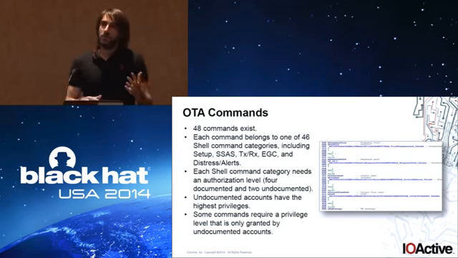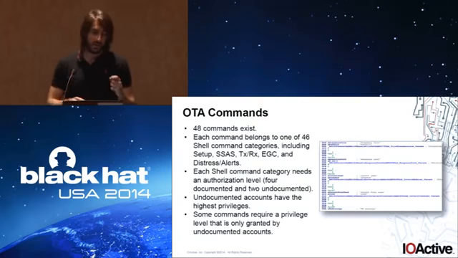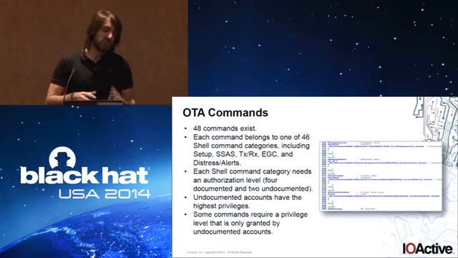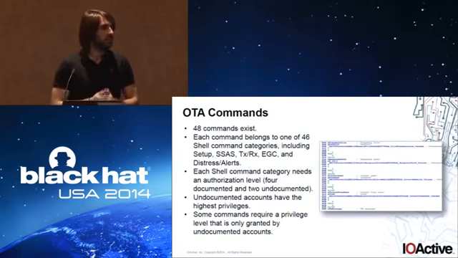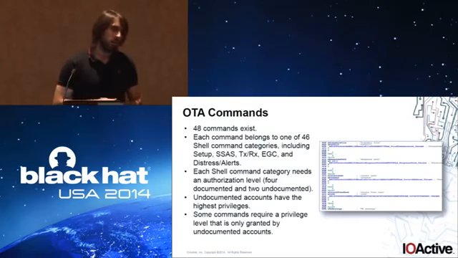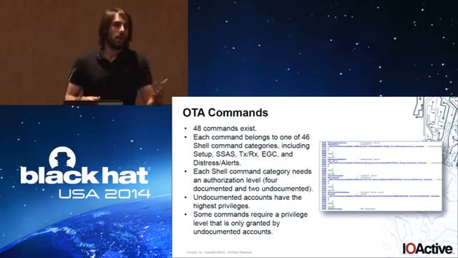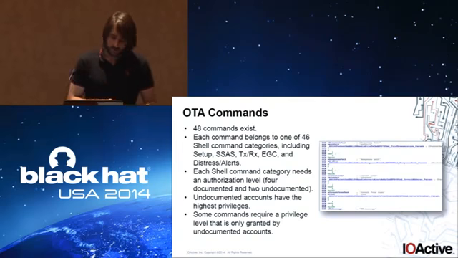We can actually modify some settings for the SSAS system, which stands for SIP Security and Alert System, which is a series of procedures, a mechanism implemented or intended to provide the crew with a mechanism to trigger an alarm when they are facing a terrorist attack or an act of piracy.